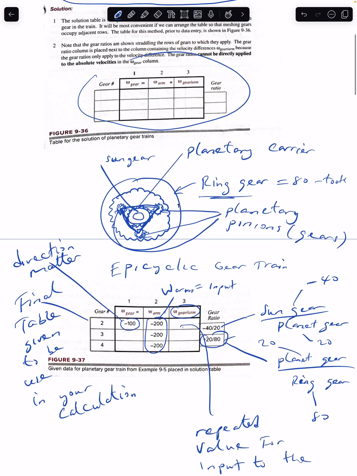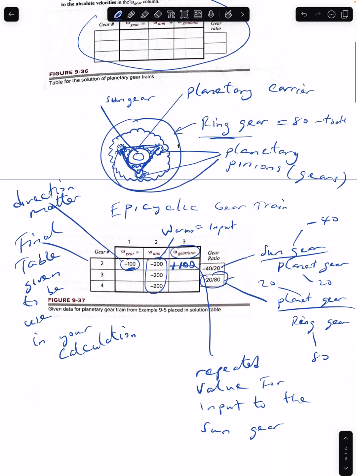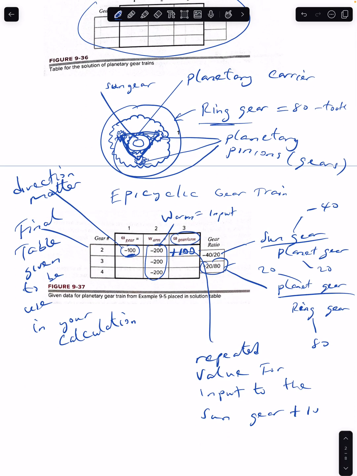And that input value for the sun gear was actually negative in the initial case, which in this case was negative 100, so here we have to put positive 100. So that value there will be positive 100. And that is why the table is given.